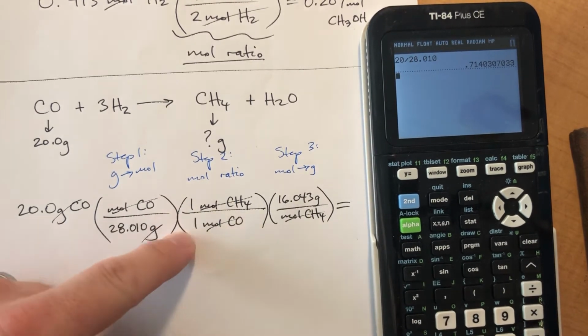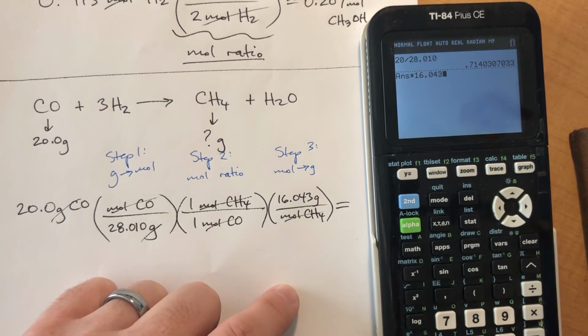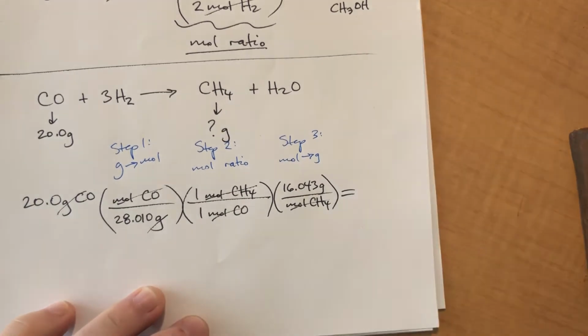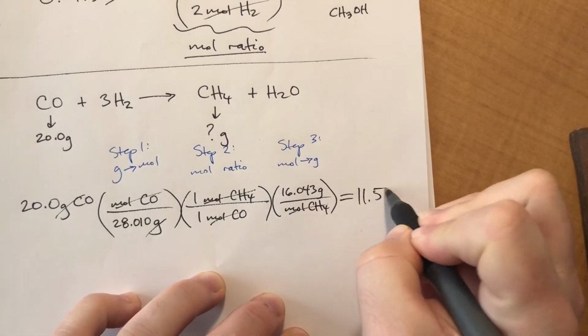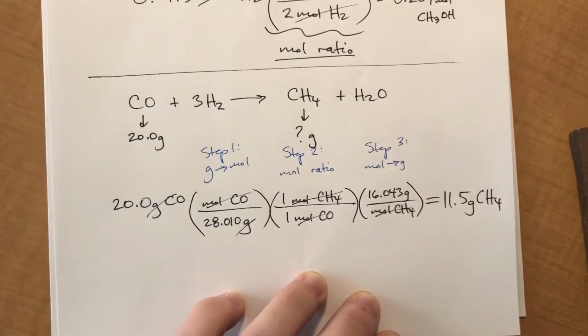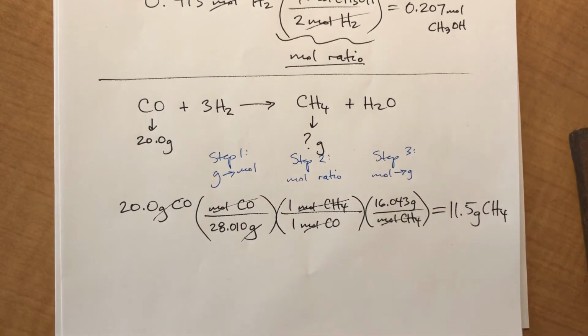You take it times 1 divided by 1, but that doesn't actually affect anything, and then times 16.043. And the answer is 11.5, I guess. Okay, but the idea is it's always going to be these 3 steps in the same order.